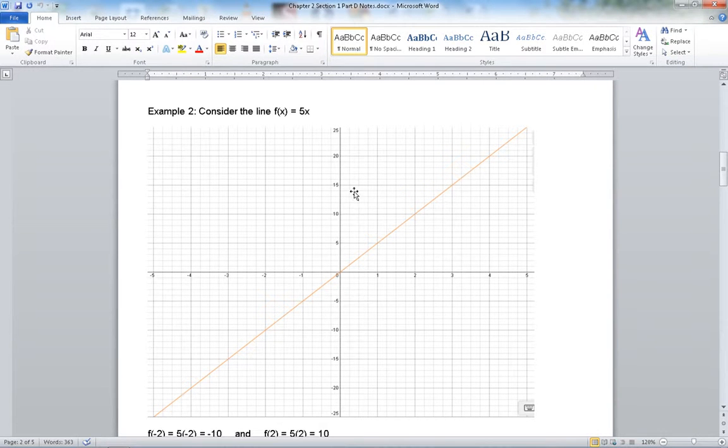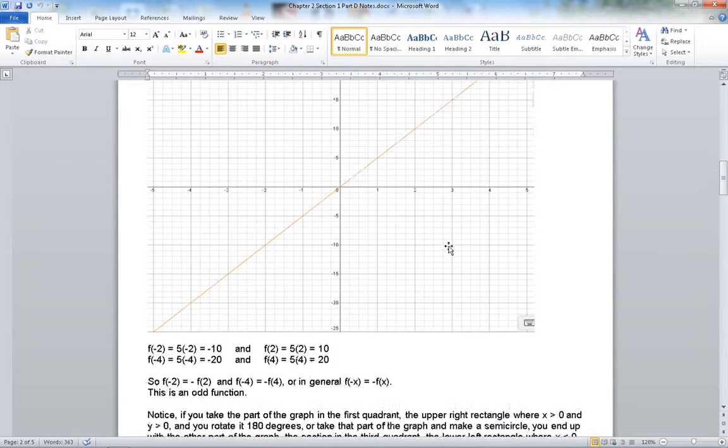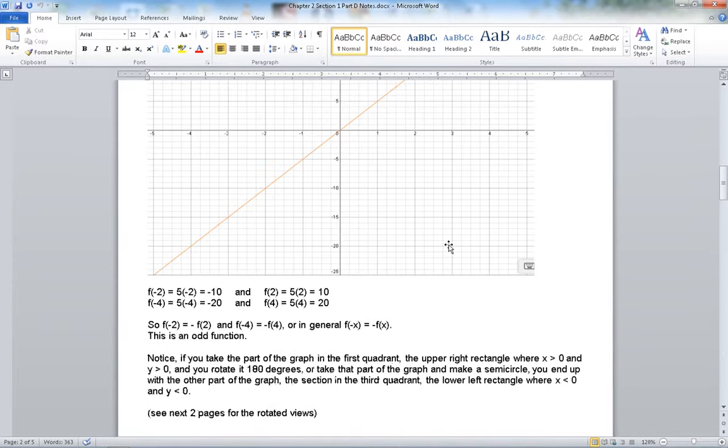Well, if you take the part in the upper right-hand section of the graph, your first quadrant, and you rotate it 180 degrees, then what you end up with is the exact graph that's in the third quadrant.